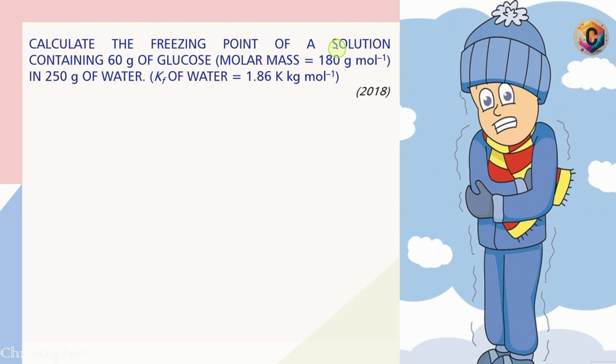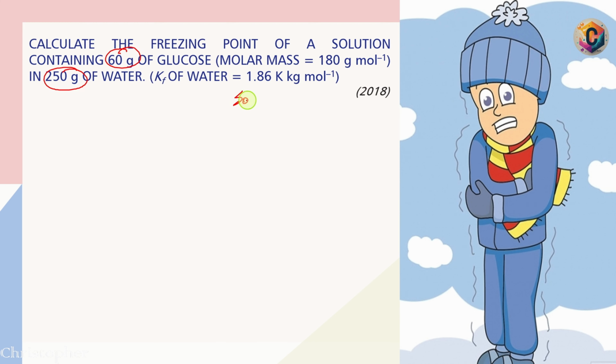Calculate the freezing point of the solution containing 60 gram of glucose, molar mass 180 gram per mole, in 250 gram of water. Got it? In this one, the first thing is to find out which is solute and which is solvent. Here, we have taken glucose in water: 60 gram of glucose is dissolved in 250 gram of water.